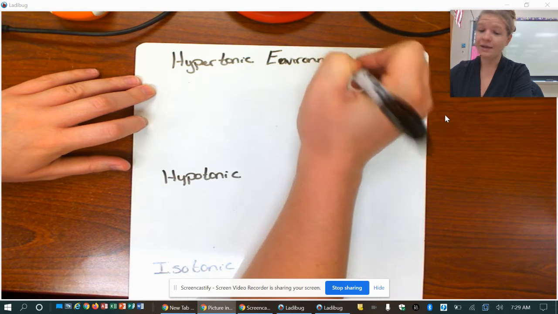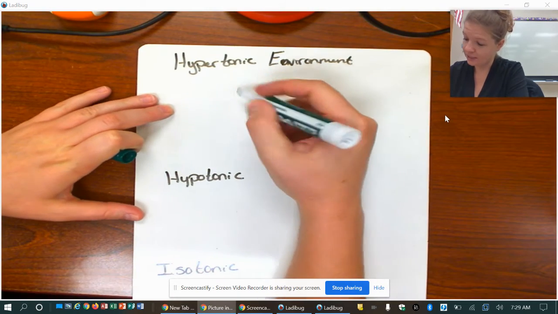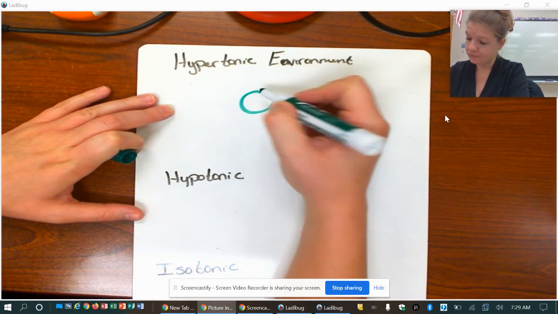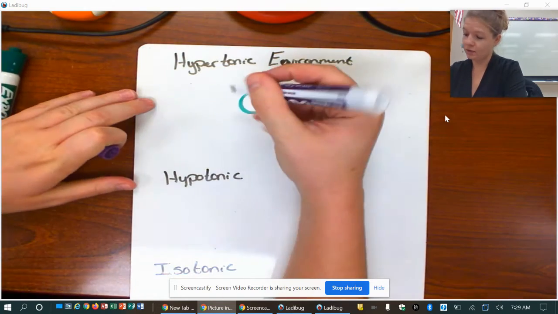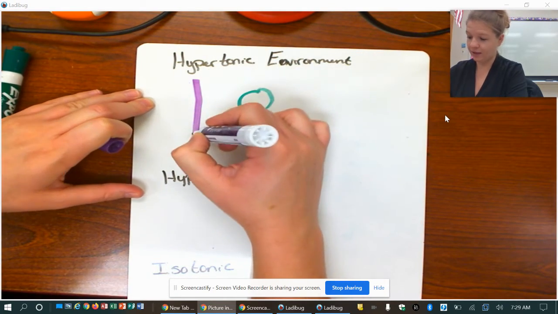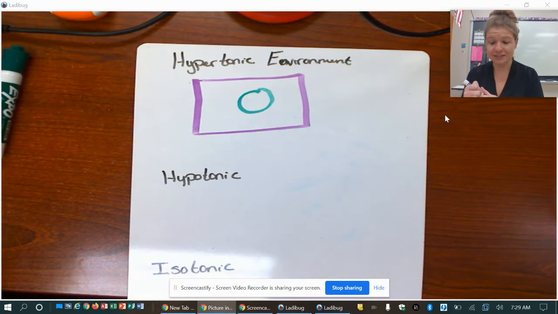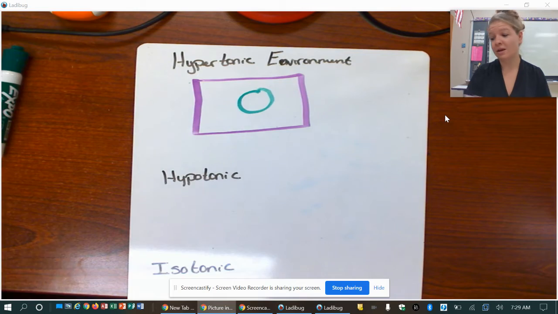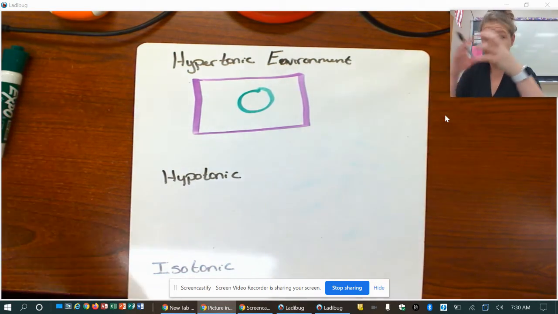In a hypertonic environment, you are going to have your cell here. That's your cell membrane. And we'll just have a little container that helps me visualize it, right? In a hypertonic environment, it refers to the concentration of solutes, which is like anything mixed in the water.